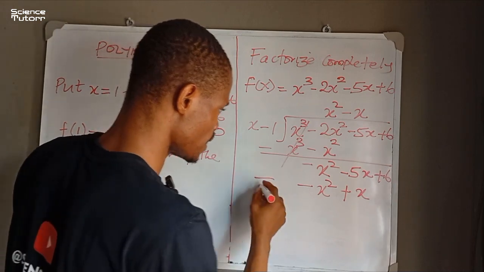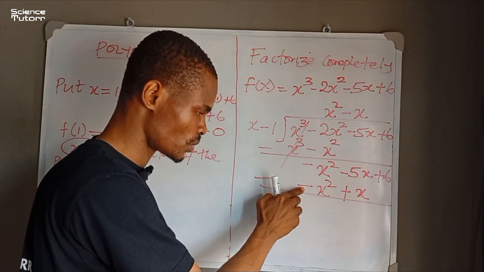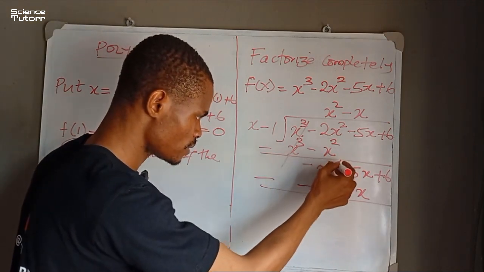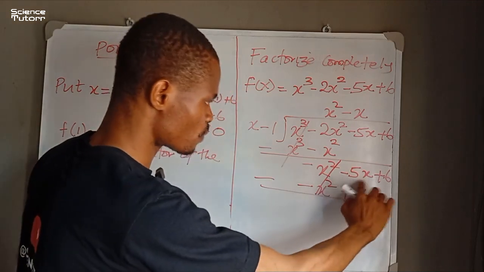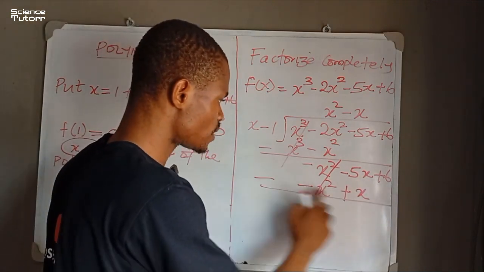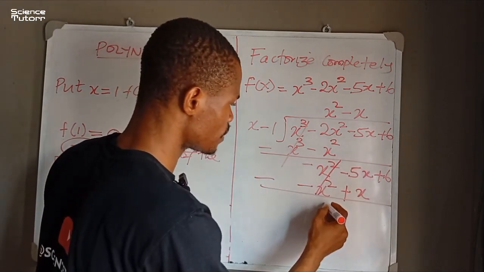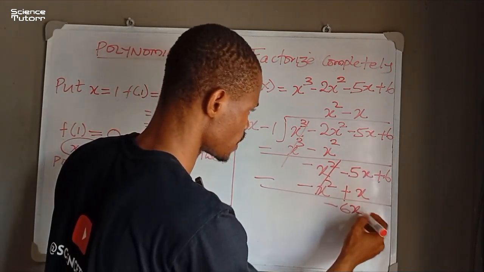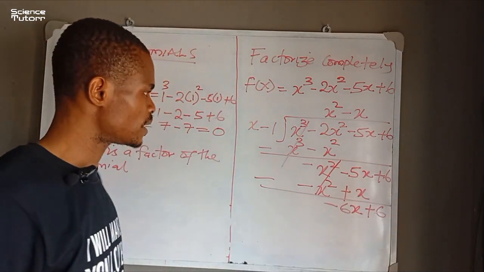We subtract again, such that minus times minus gives us a plus. So automatically, this cancels out. We are left with minus 5x minus x, which gives us minus 6x. Then we bring down our plus 6, and then we divide again.